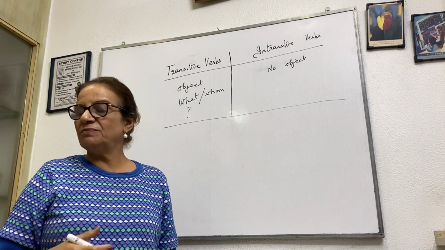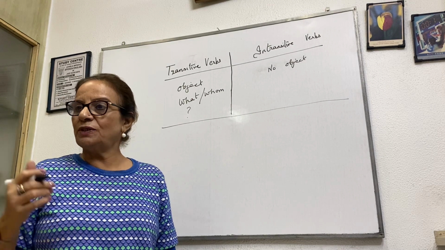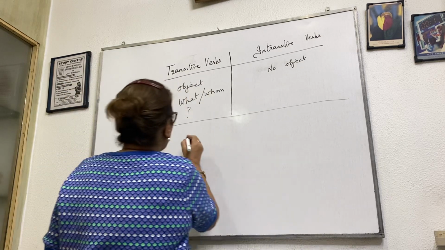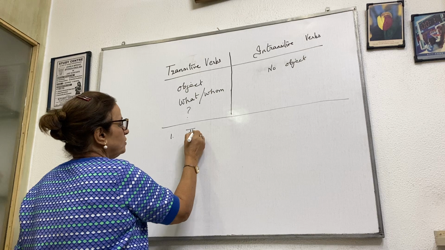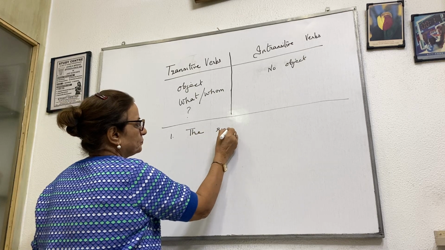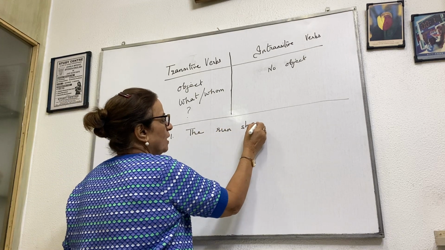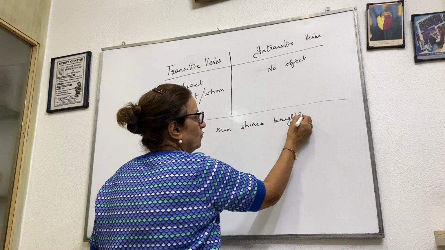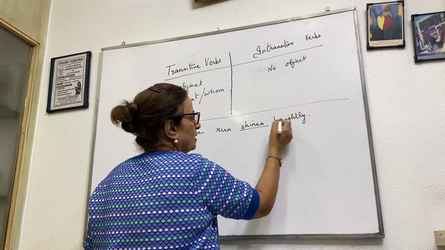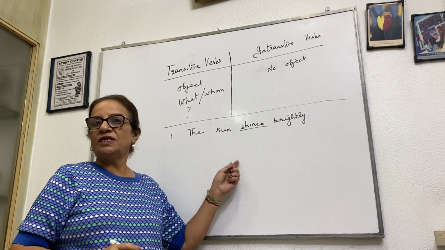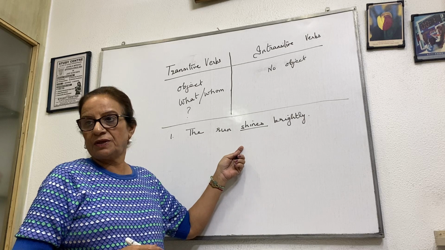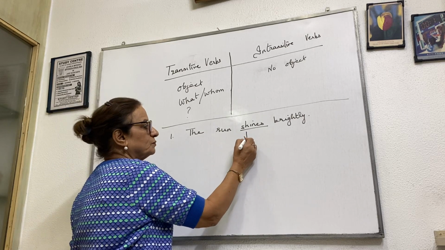Now I will give you some example sentences so that it is even further clear. The first sentence is: the sun shines brightly. First we have to identify the verb. In this sentence, the sun shines brightly, the verb is shines. Now ask the question.